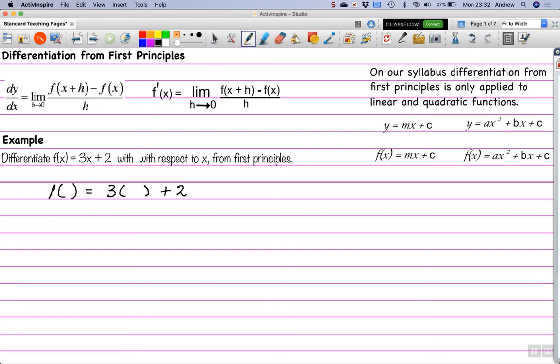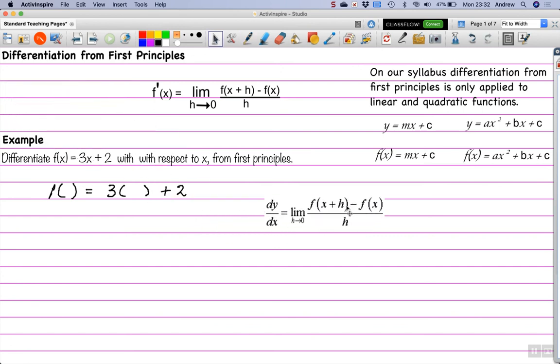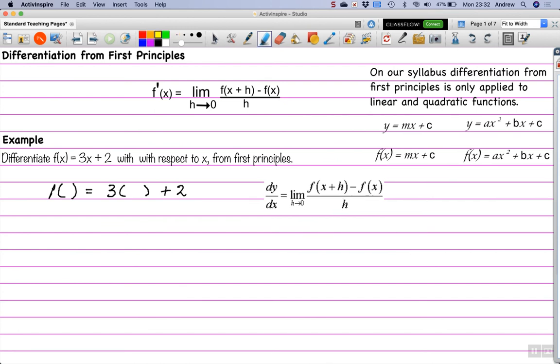Now we're keeping a very, very close eye on the formula, and indeed we should always write the formula right next to it, and we get marks for doing that. Now if you notice here, inside the bracket is x plus h, so we need an x plus h inside this bracket.